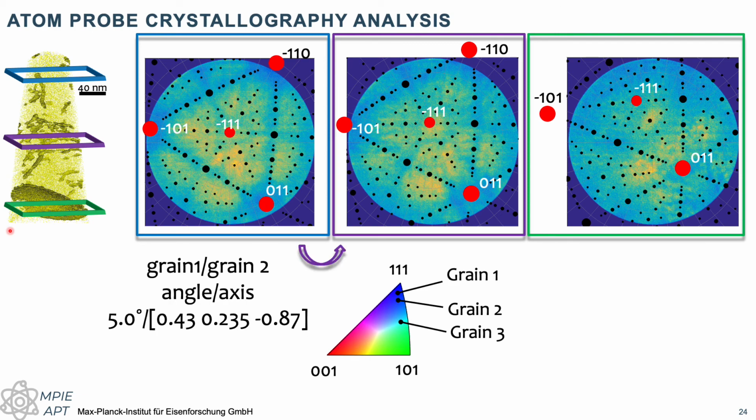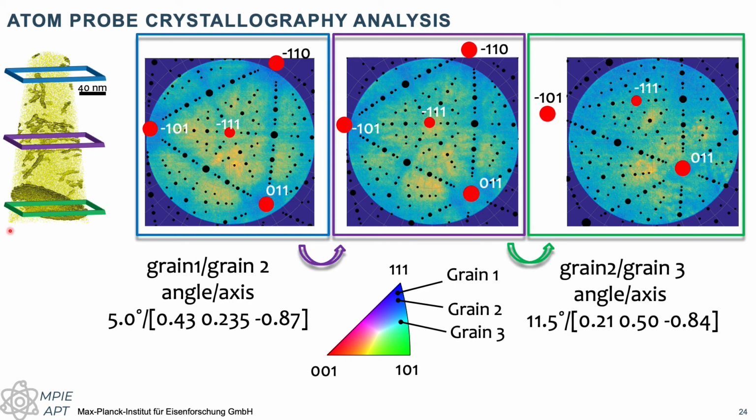So we could actually retrieve the full crystallographic nature of the boundary from grain 1 to grain 2, and then from grain 2 to grain 3. And we could see that the first one only has about 5 degrees change in orientation, and from grain 2 to grain 3, it's over 10 degrees.